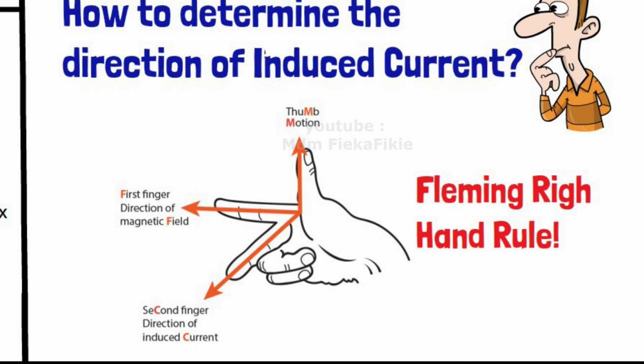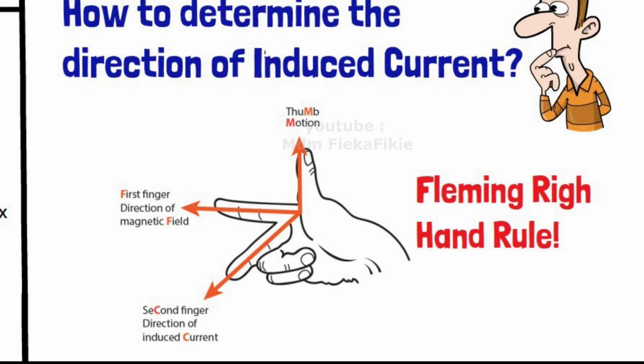F first, field. Okay, so if the field is into the page, so your jari telunjuk or your index finger tadi perlu pointing into the page. Okay, and then your second finger, second, C, means that it's pointing to C, which is current, induced current.